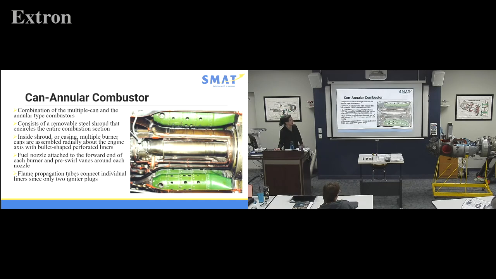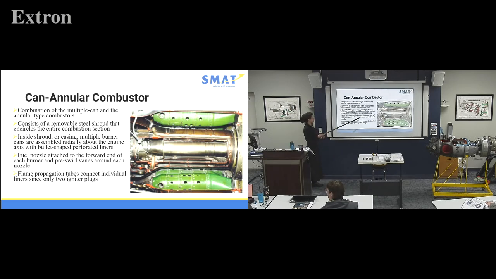So, Josh, here's another picture of the can annular. The cans were basically self-contained, each had its whole housing, whereas here the cans are all perforated. So, can annular is a combination of the multiple can and the annular, and it has a removable steel shroud that encircles the entire combustion section.